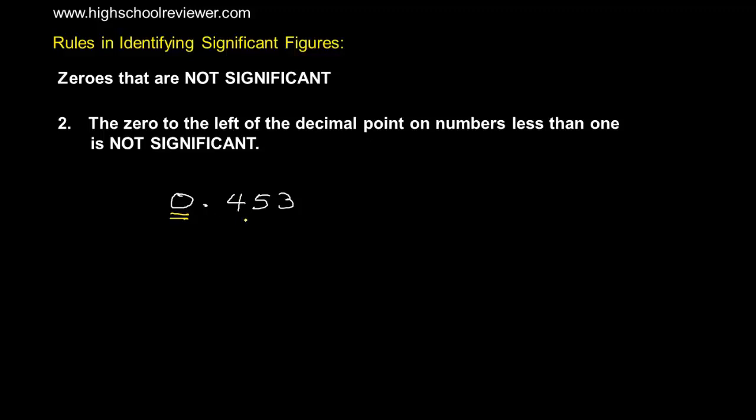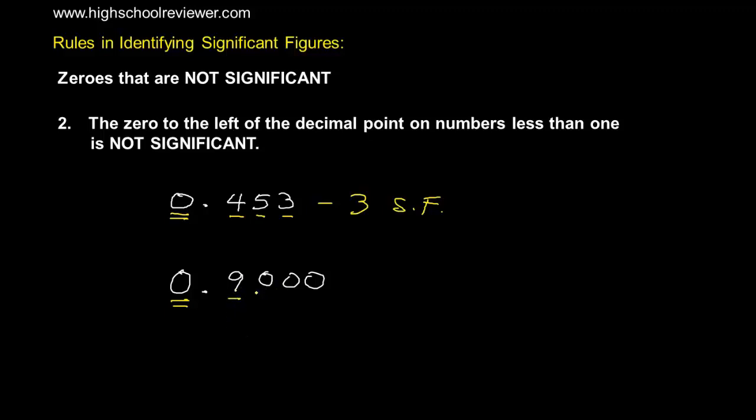What is significant are the non-zeros to the right. So we have here 1, 2, 3. We have 3 significant figures. We have 0.9000. So the 0 to the left of the decimal point is not significant, but this is already a non-zero digit, this is significant.